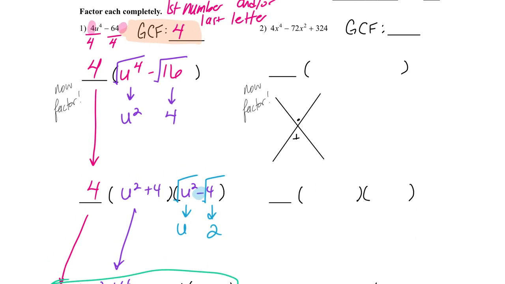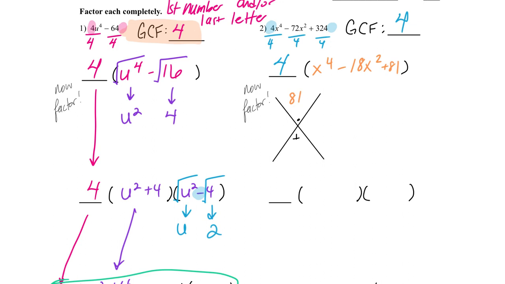The second problem, my GCF, once again, I have 4 at the front and nothing at the end, no letter. So that means that my GCF is just 4. Just chance that it happens to be the same number. That doesn't mean anything. So 4 goes on the outside, and I'm left over with x to the 4th minus 18x squared plus 81.